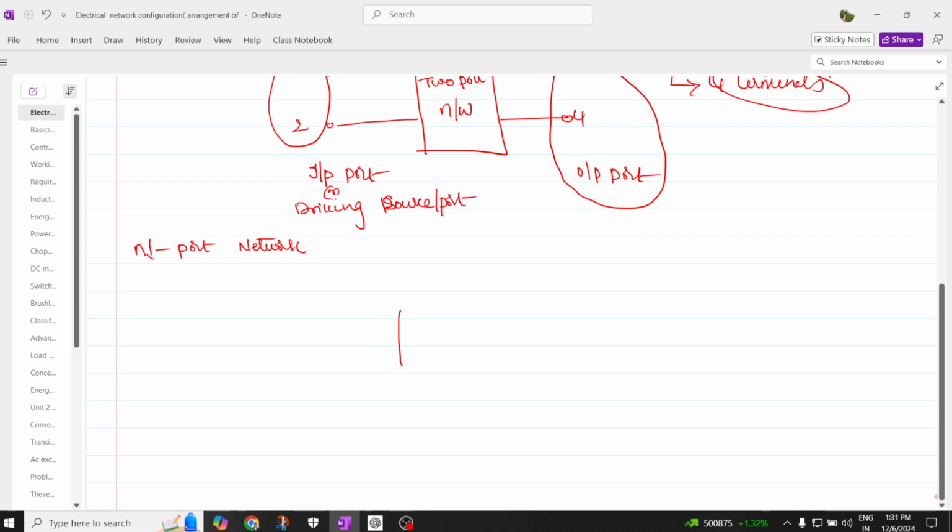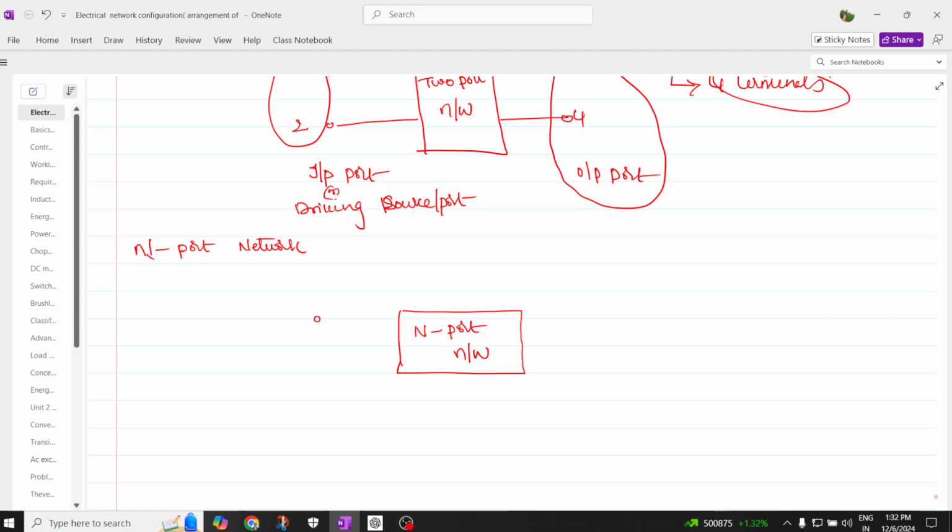So I'm going to draw an n port network. Already I told in the previous class, network means a group of more than one electrical circuit, or group of electrical circuits is called a network. Network means a closed path is called network. This is an n port network.